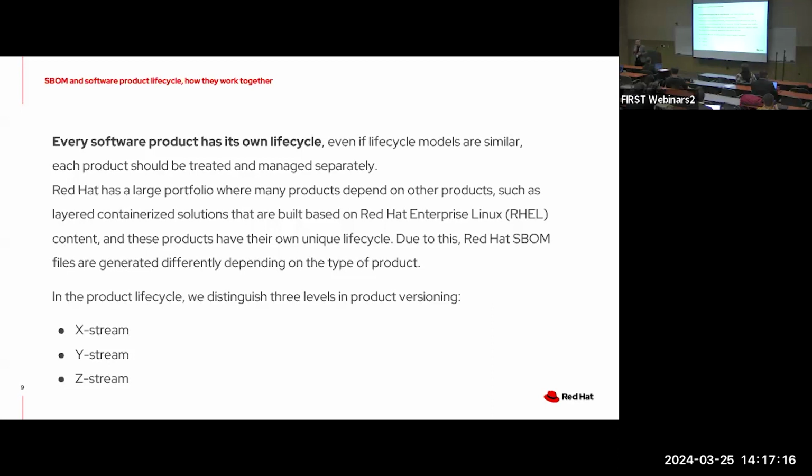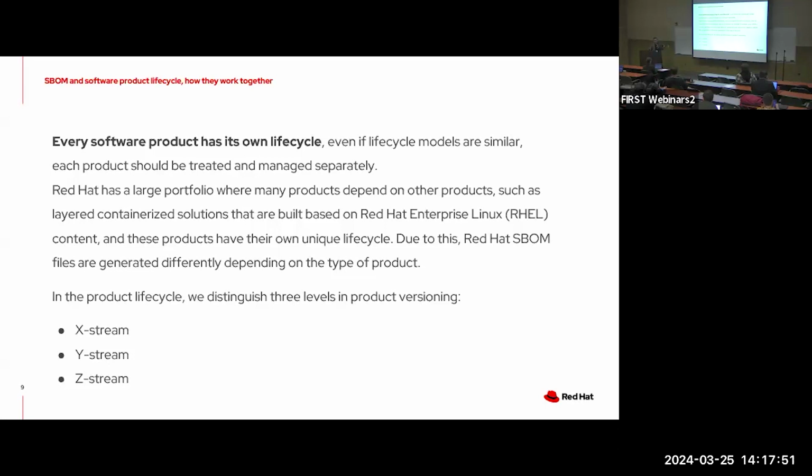So for example, RHEL 8.8, 8.6, or OpenShift 4.12, 4.13, 4.14, different streams. It is important to understand that in one product version, there could be multiple streams supported at the same time, depending on your needs. And also we have Z-streams, which represent the regular, asynchronous updates released across one stream.